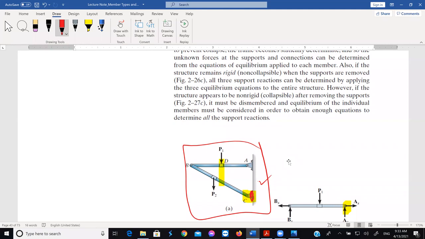At the same time, it increases the energy dissipation to reduce the lateral sway or displacement under earthquake and wind forces. So that's another important thing to know, that most of the structures we'll encounter in practice are going to be statically indeterminate, and we intentionally make our structures statically indeterminate to prevent collapse.